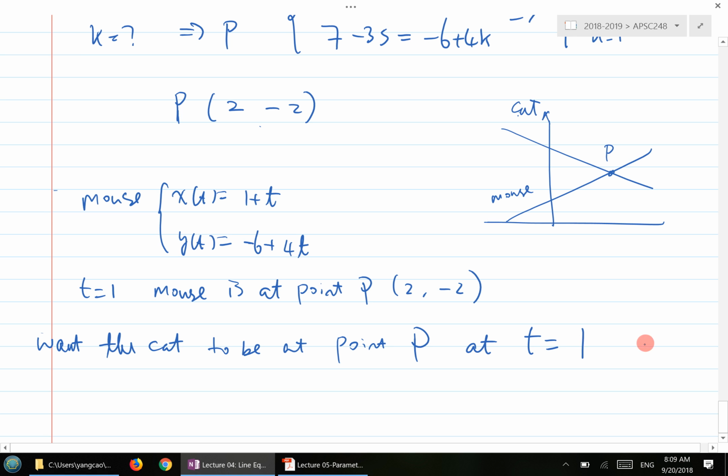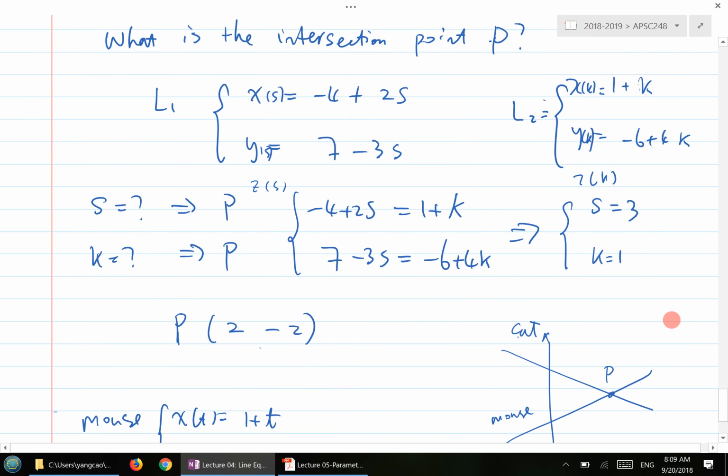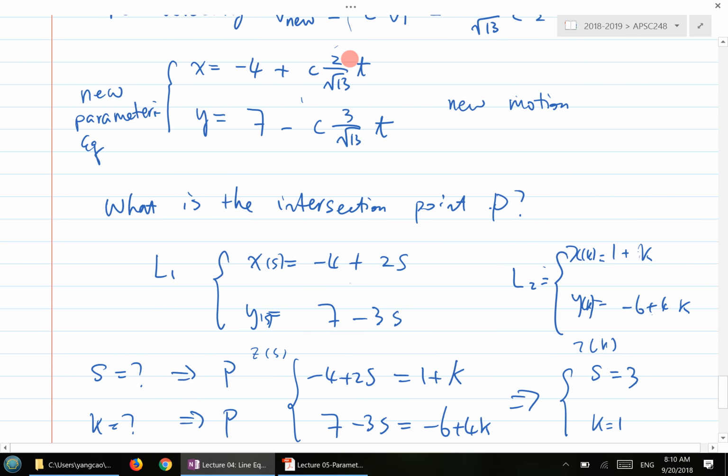So if you nail down this information now, then the rest is pretty straightforward, because you see this is your cat motion or trajectory here. We want the cat to be at the point P when t equal to 1.